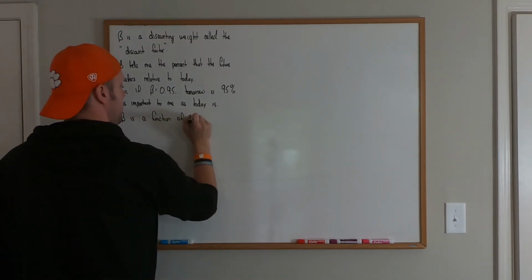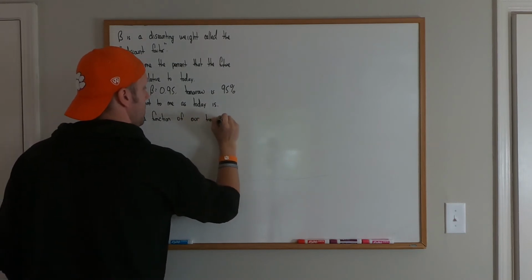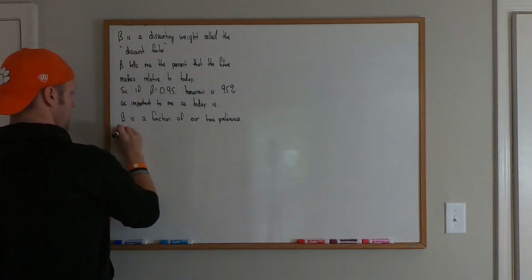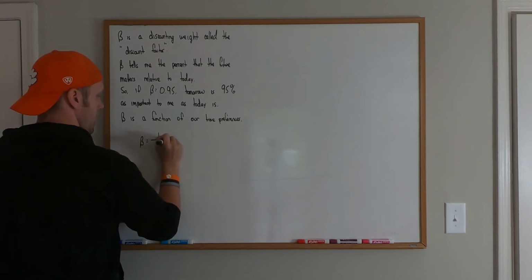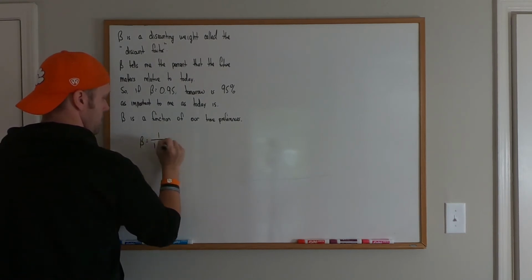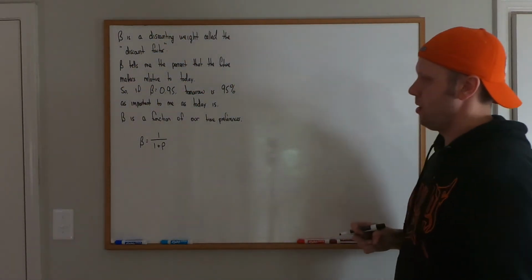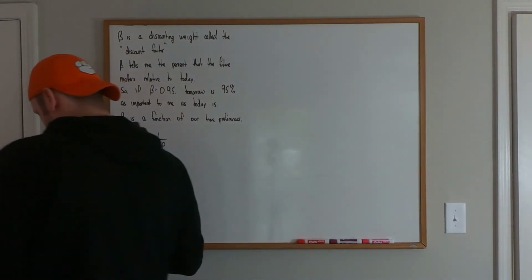So beta is a function of our time preferences. Mathematically, beta is equal to 1 over 1 plus rho. Rho is the discount rate.